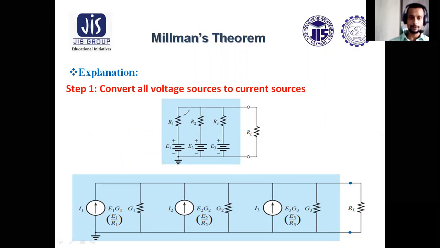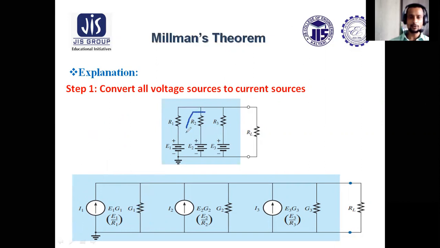Now, this combination can be represented by a current source with a parallel resistance. The current source should have a magnitude of E1 by R1. 1 by R1 can be represented by G1. So the magnitude of the current source is E1 G1, and this is the conductance of the parallel network.